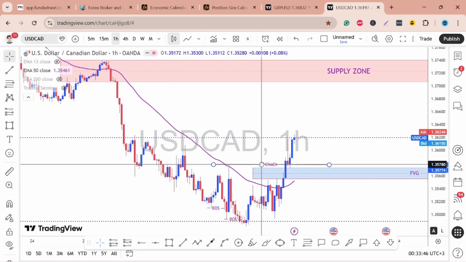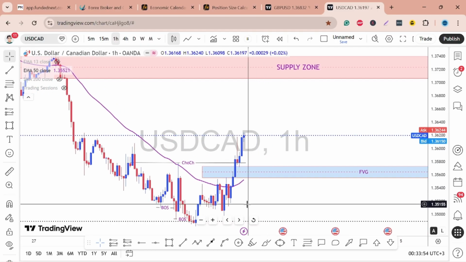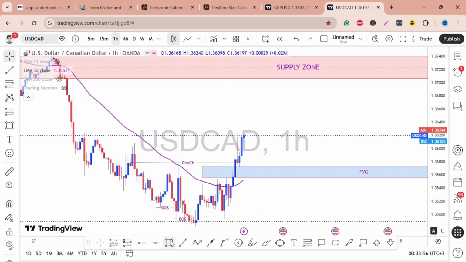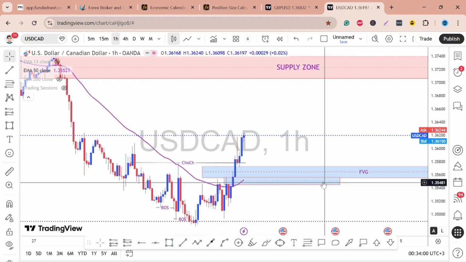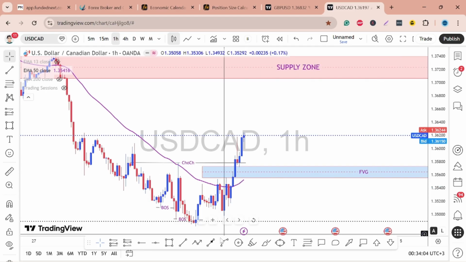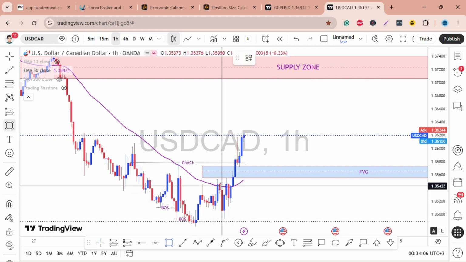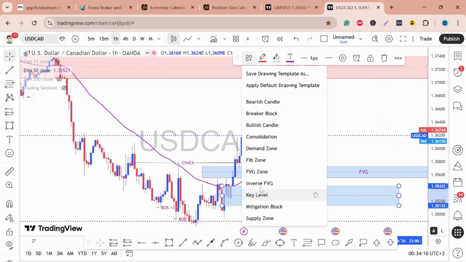Either way, I think this would be the last. This would be the change of character here, and that has already happened. Now we have also another FVG over here, down here, and a mini order block here, a demand zone.